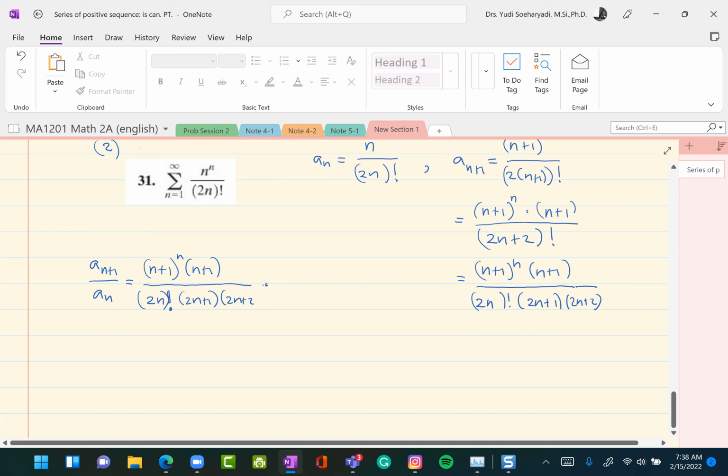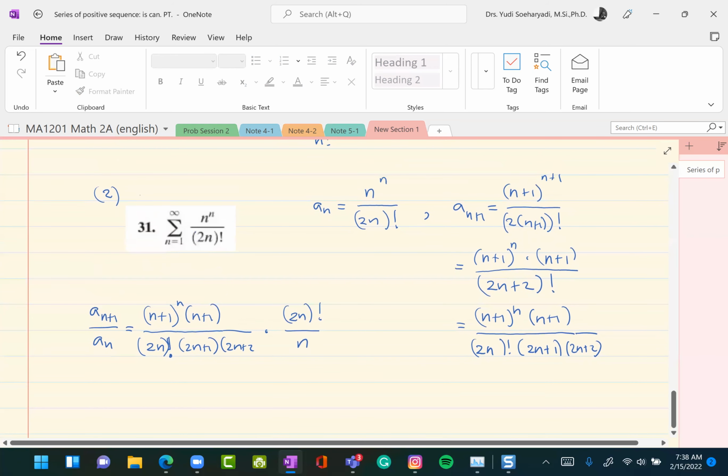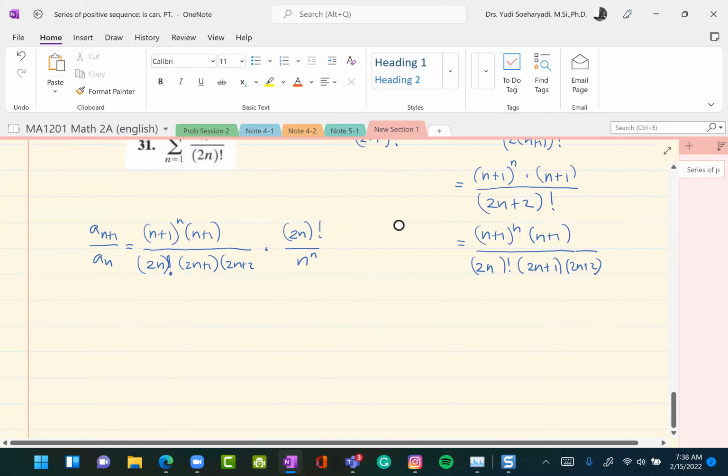Then we divide by a_n, so multiply by 1 over a_n, which is (2n)! over n to the n. Okay, so what we have here so far.